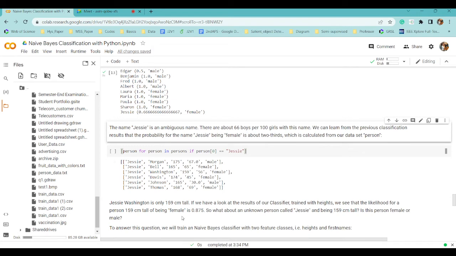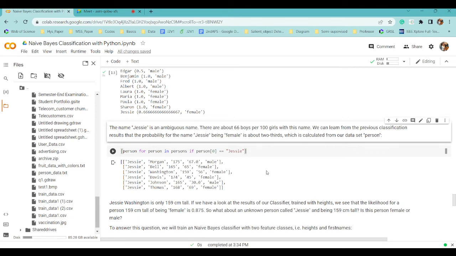Now we need to know the number of names which have Jessie as well. The first name must be the same, but the last name will be different, right? There's hardly a case where the first name and the last name are the same. That can happen as well, but mostly not.